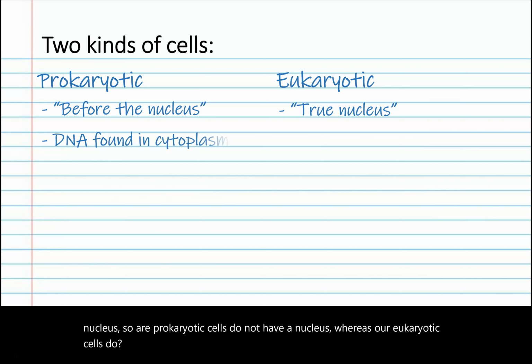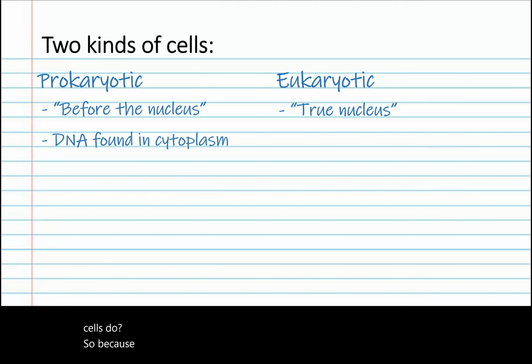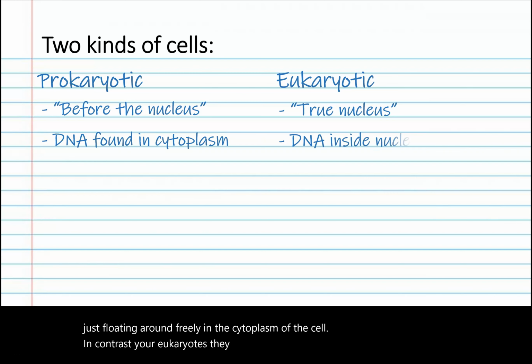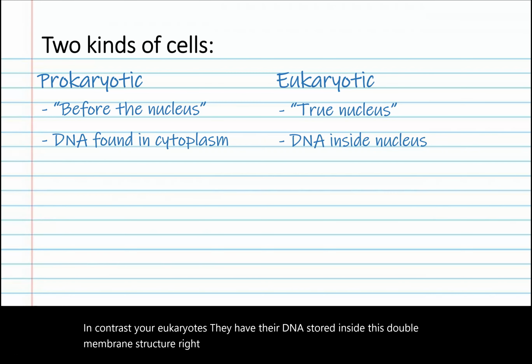So because our prokaryotes do not have a nucleus, the DNA for those cells is just floating around freely in the cytoplasm of the cell. In contrast, your eukaryotes, they have their DNA stored inside this double membrane structure, right? This nucleus that is the biggest organelle we find inside of our eukaryotic cells usually.